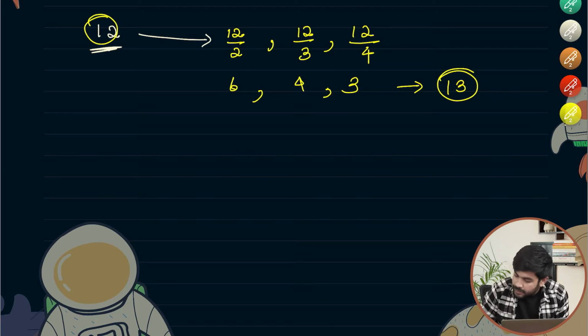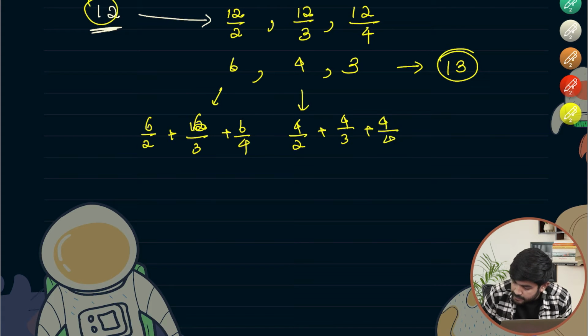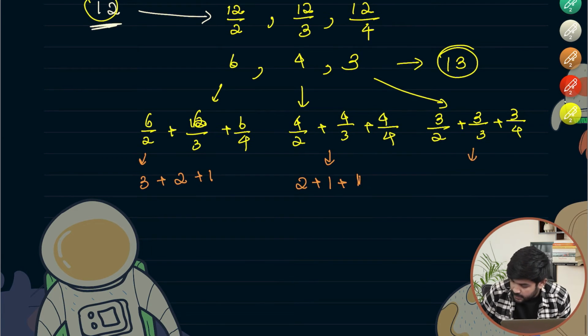Now again, let's do this for 6. 6 would be 6 divided by 2, added to 6 divided by 3, added to 6 divided by 4, and this would contribute to 4 divided by 2 added to 4 divided by 3 added to 4 divided by 4, and this would be 3 divided by 2 plus 3 divided by 3 plus 3 divided by 4, and this would result down to 3 plus 2 plus 1, and then 2 plus 1 plus 1, integer part of it, 1 plus 1 plus 0.